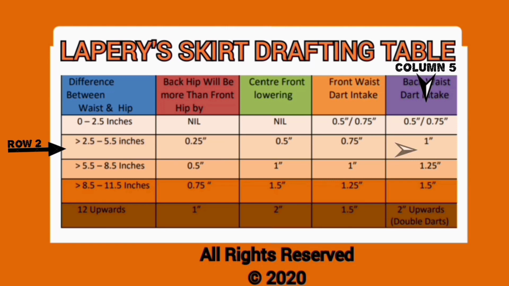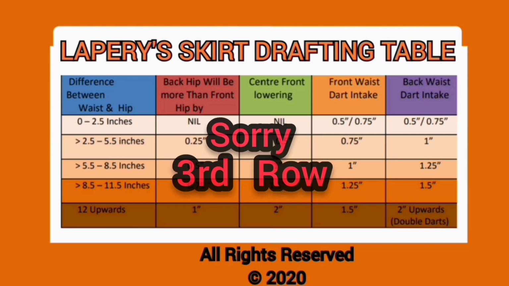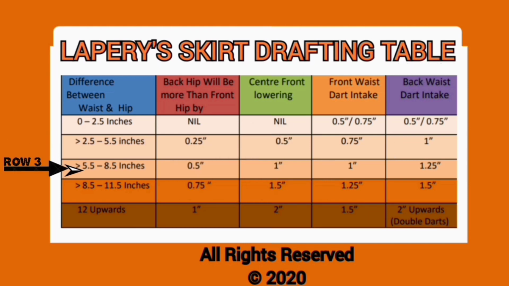Since we have made enough room and allowance for the back piece, the back is much wider than the front, so also will be the dart intake, so that we can create enough room for the buttocks very well. So your dart intake at the back will be much wider, and that's why we are having 1 inch.